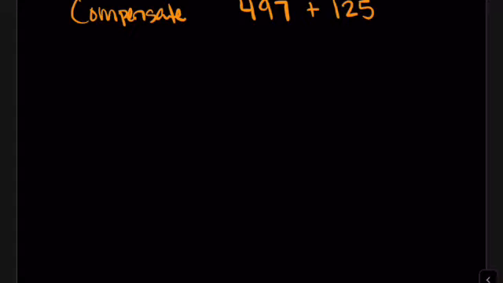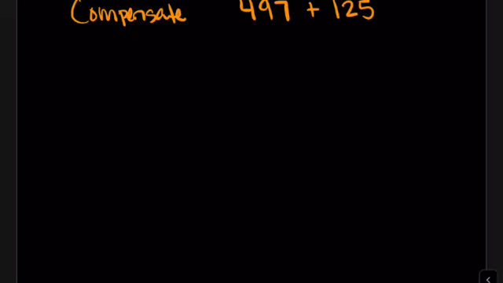All right, finally we're going to look at compensating. So we're going to do a problem that's going to make sense to use compensating for. 497 plus 125. When I compensate, that means that I'm going to change the problem.